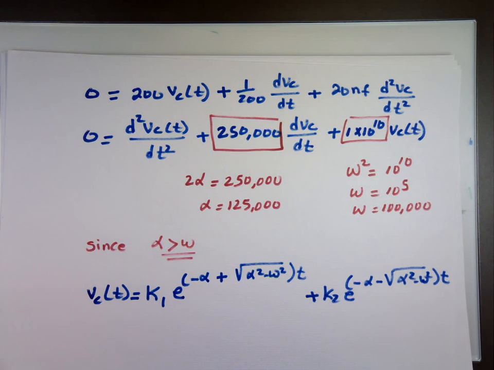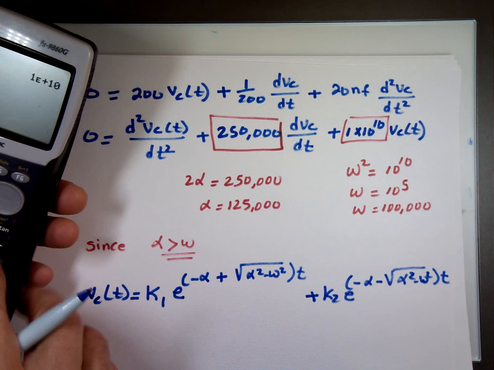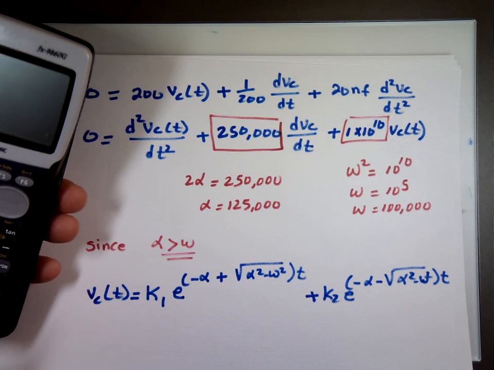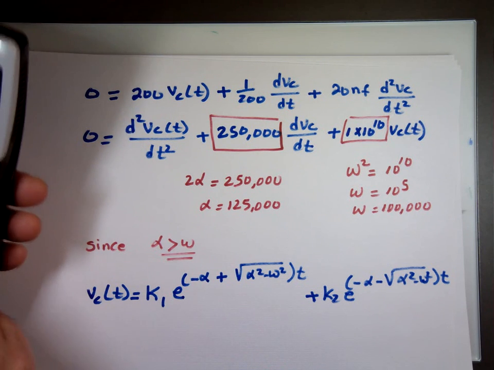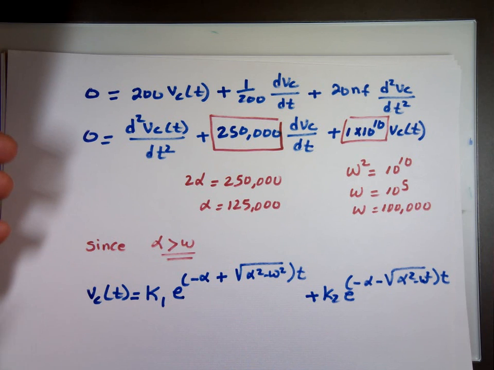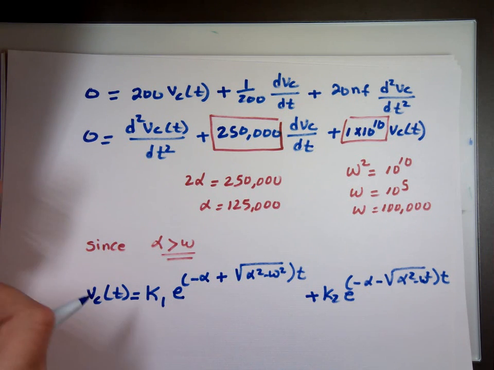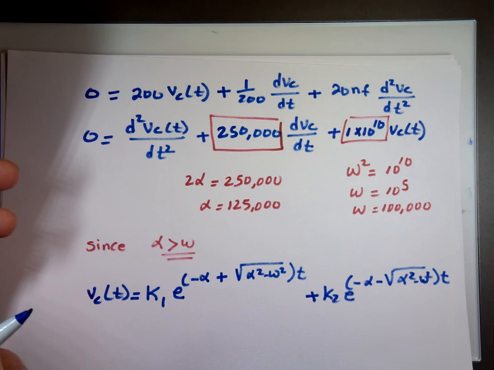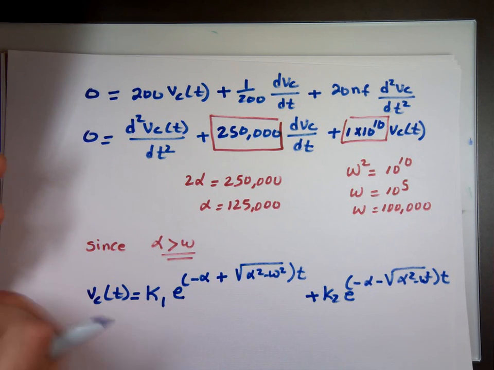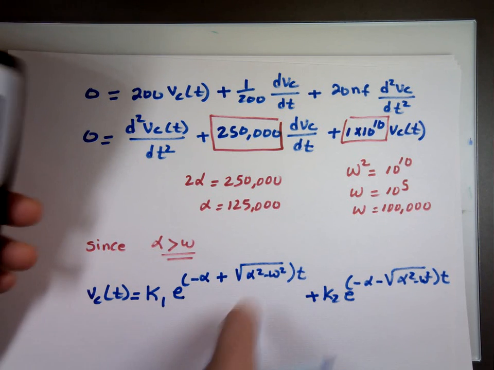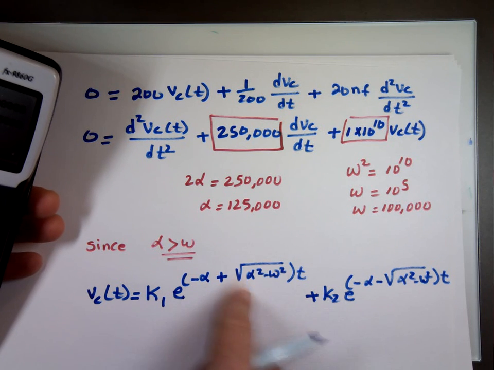Let me see what alpha squared minus W squared is. 125,000 squared minus 100,000 squared. Take the square root of that number. This piece here is 75,000.